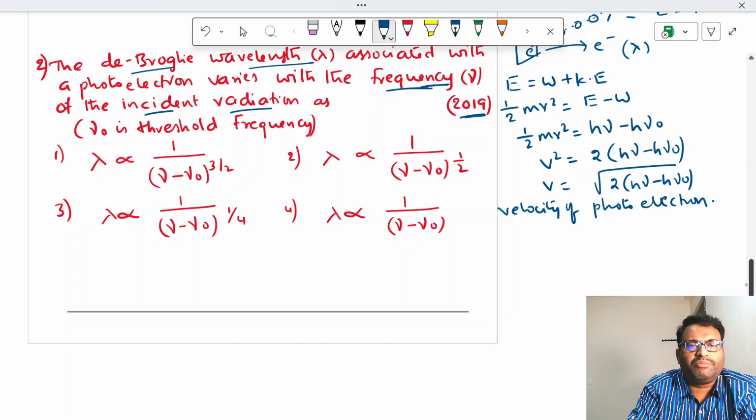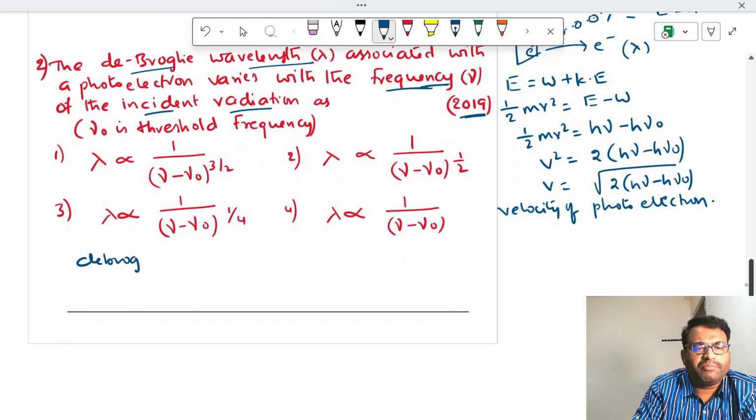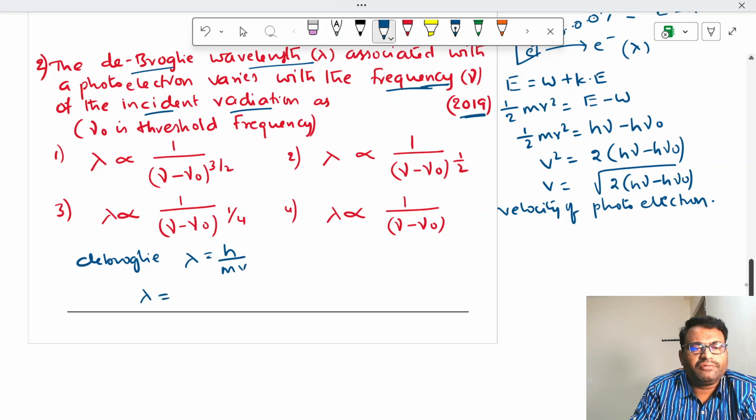What is asked? The de Broglie wavelength is asked. From de Broglie wave theory, we have studied that lambda is equal to h by mv. Then lambda is equal to h by m into the velocity. What is the formula to calculate velocity?